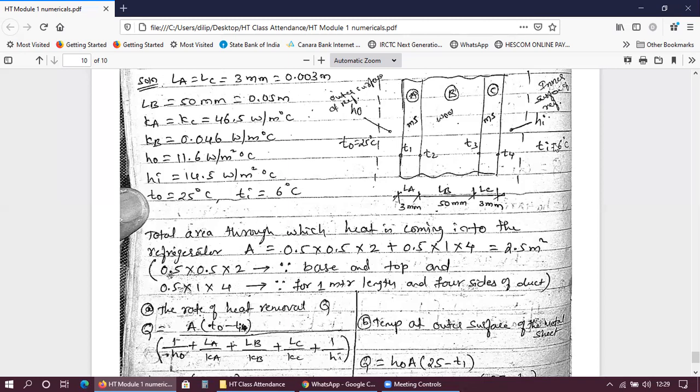In between that, the resistance 1 divided by HO. This is the convective resistance offered between this space, as you can see here.